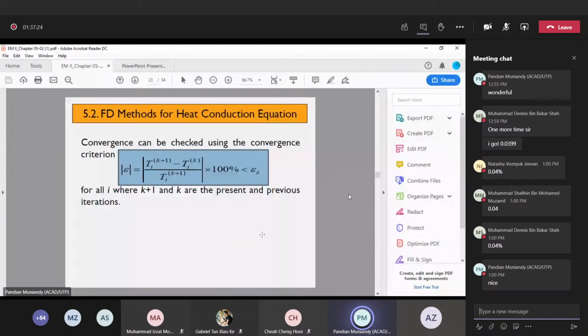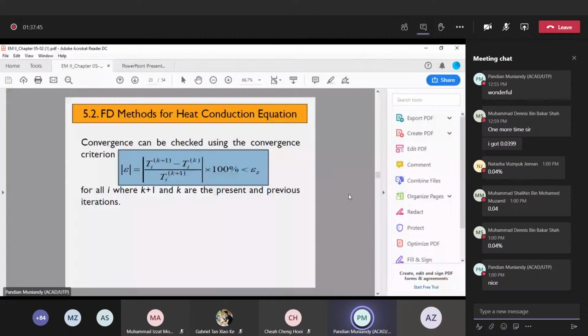0.04019 minus 0.04015 divided by 0.04019 multiplied by 100%. This is for T2, the epsilon for T2. So I repeat again.